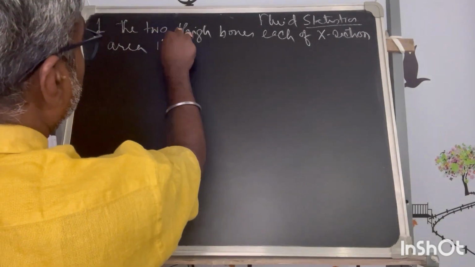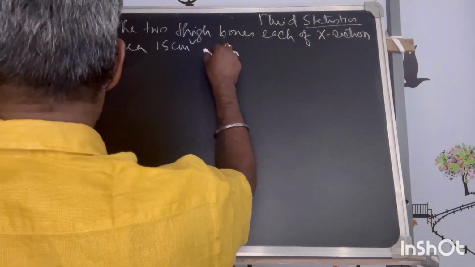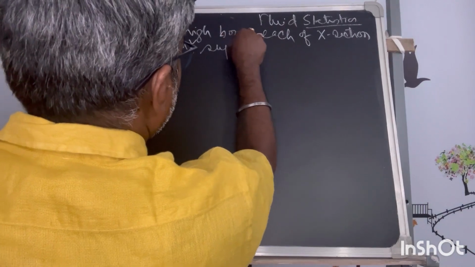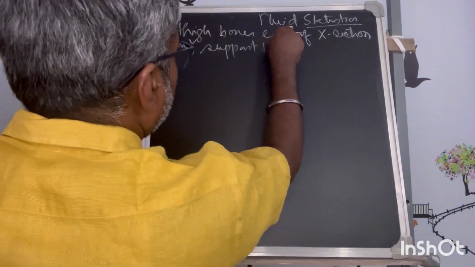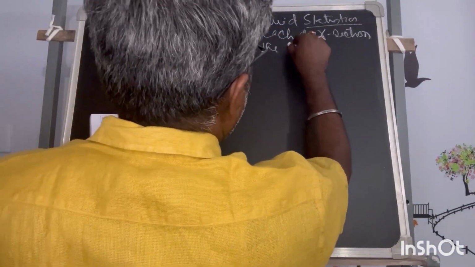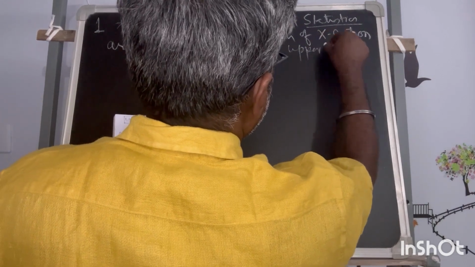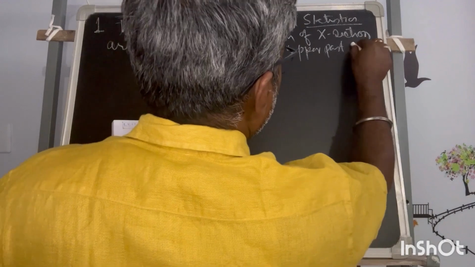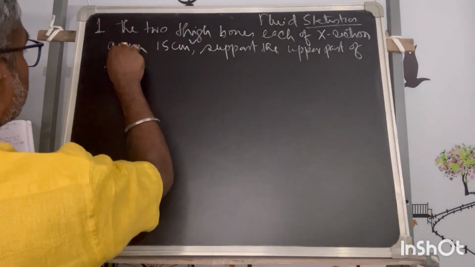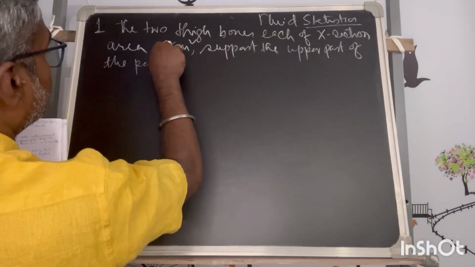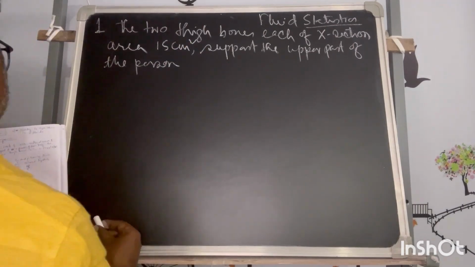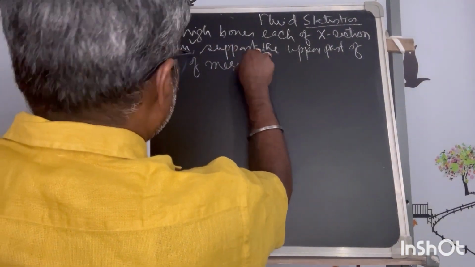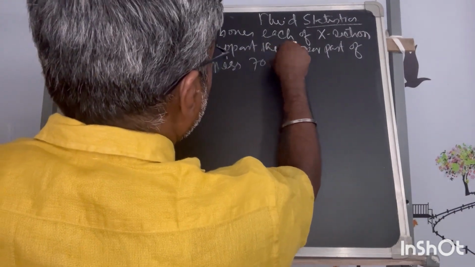15 centimeter square, support the upper part of the person of mass 70 kg.